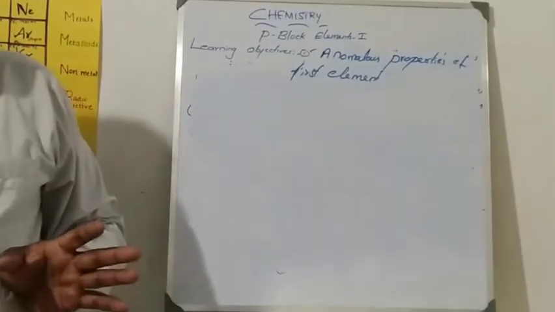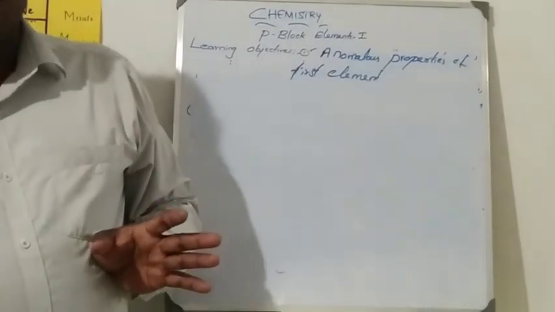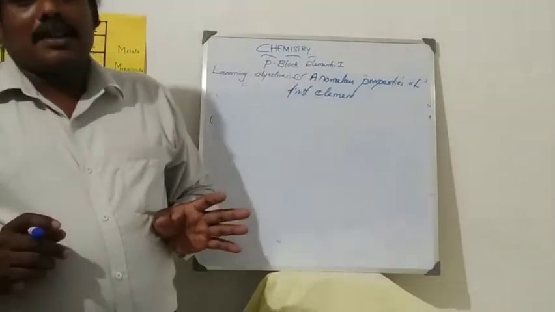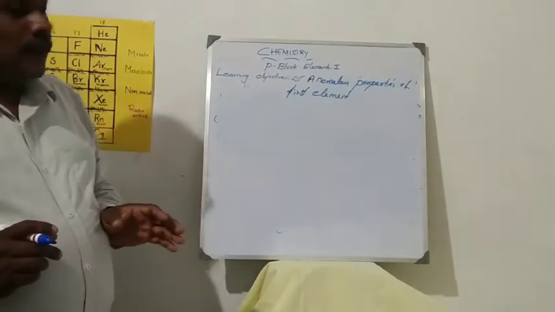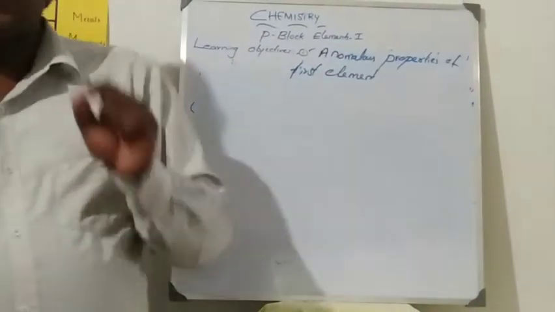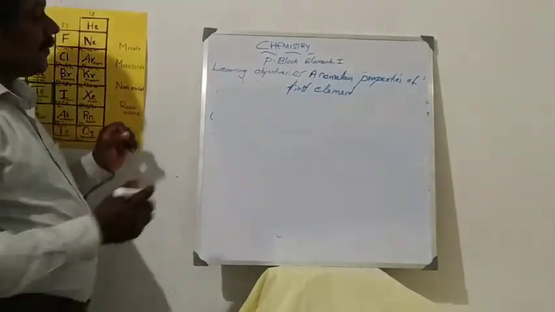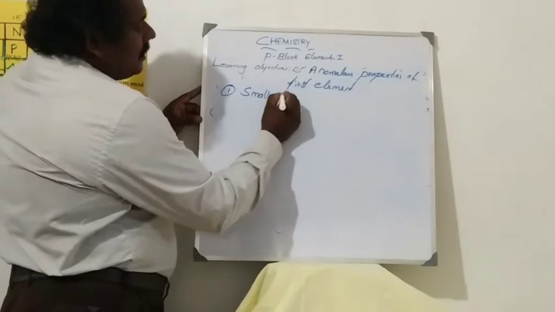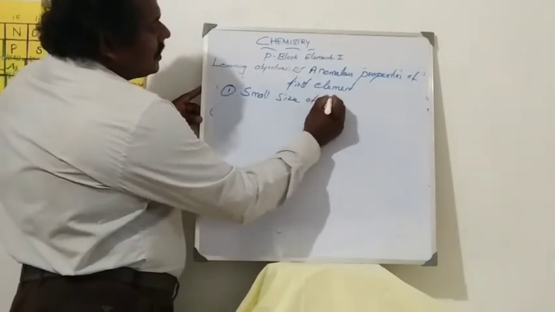The first member of a group differs from the other elements of the corresponding group. There are 3 factors. Number 1, the small size of the first member.